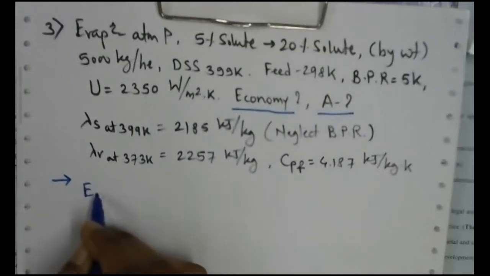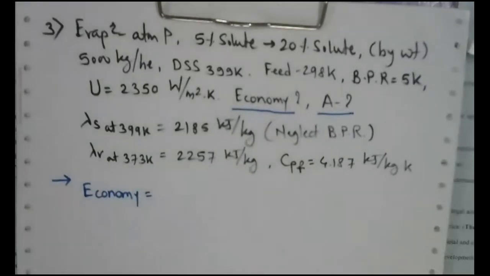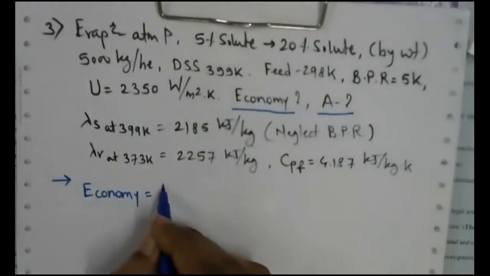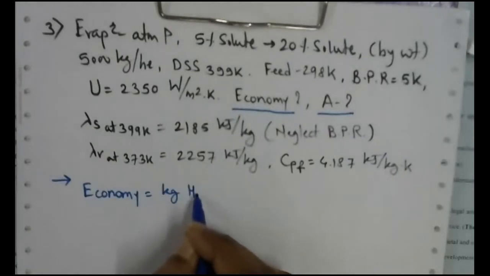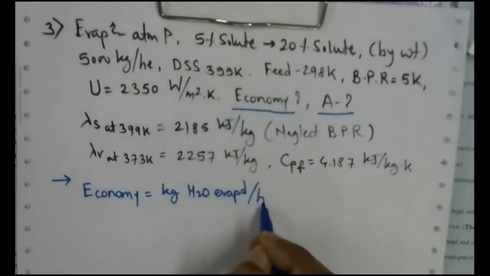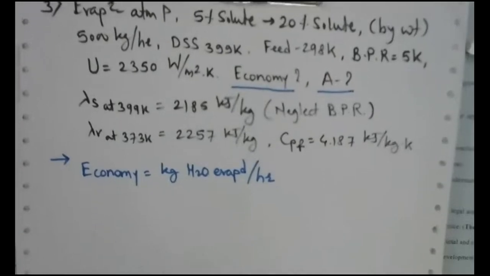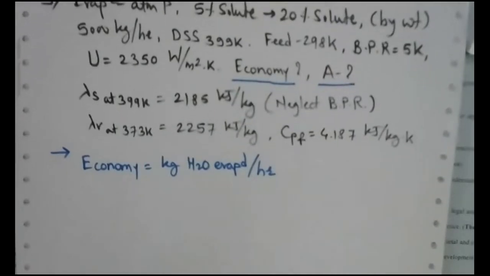So economy, we have already discussed, is the kg of water evaporated per hour. So for this purpose, we must know the kg of water evaporated per hour, that is, the mass flow rate in kg per hour of water.